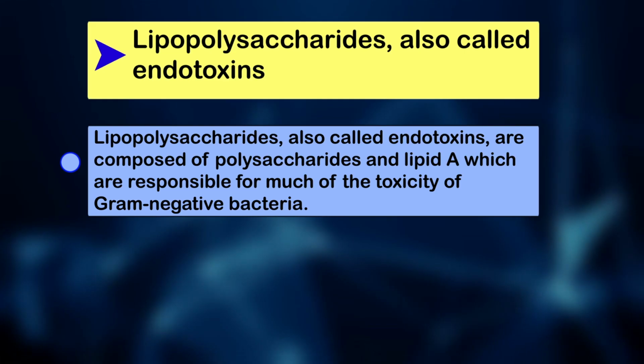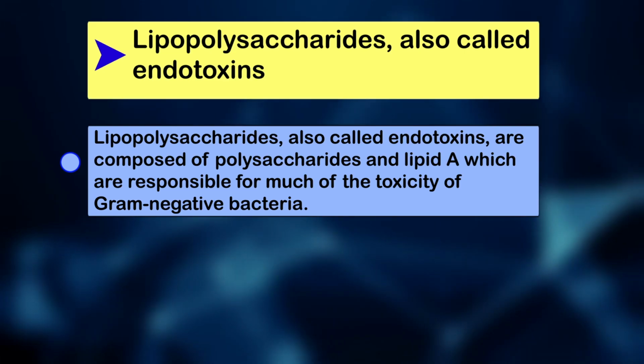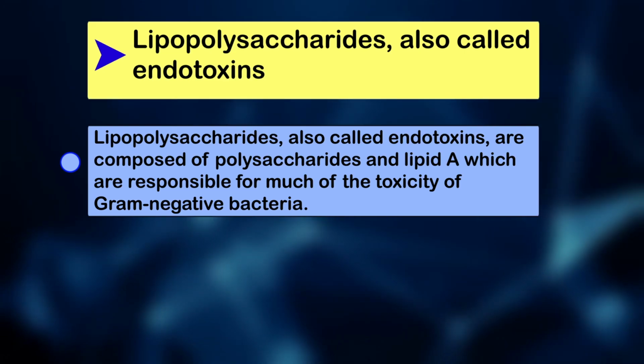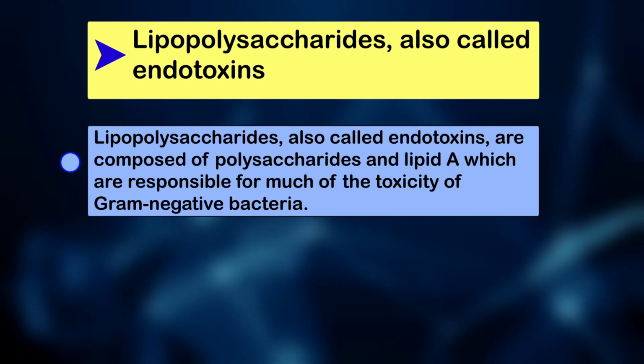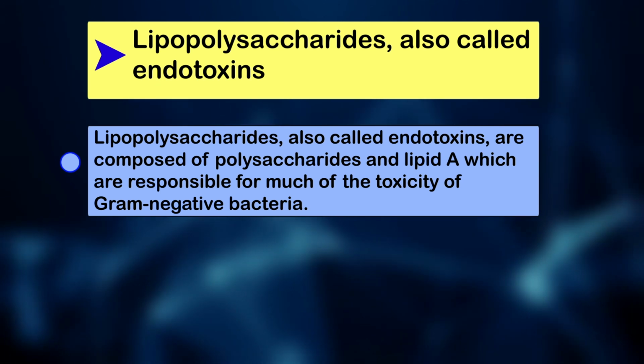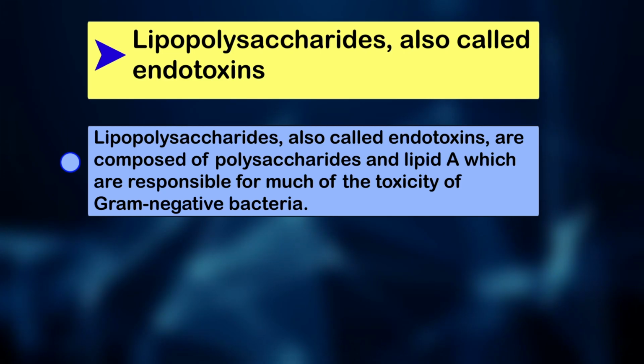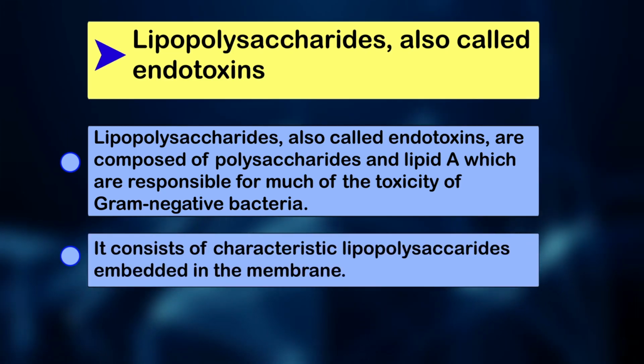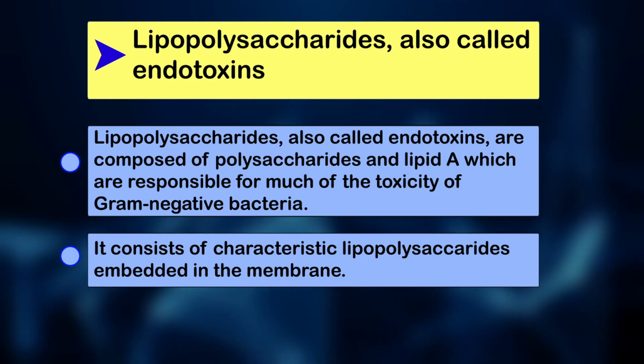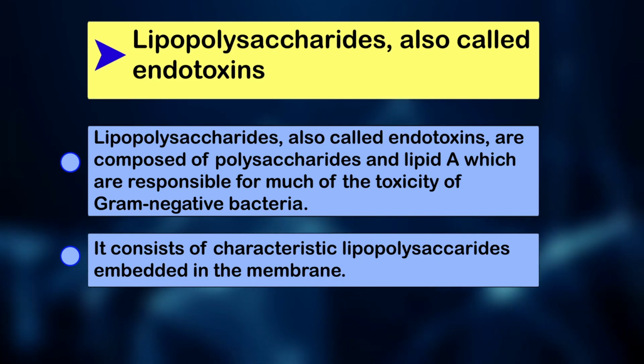Lipopolysaccharides, also called endotoxin, are composed of polysaccharides and lipid A, which is responsible for much of the toxicity of Gram negative bacteria. It consists of characteristic lipopolysaccharides embedded in the membrane.